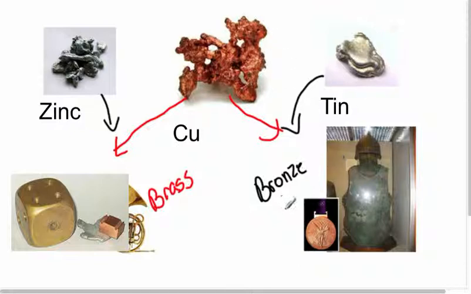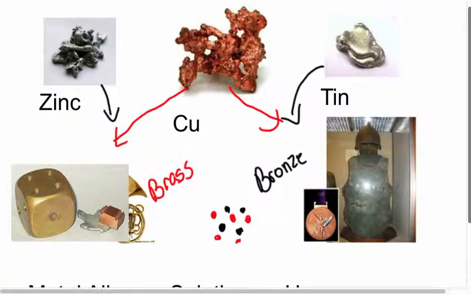Mix the two together, you have something called bronze, but it again is just a mixture, meaning the little atoms of copper, I'll draw some copper out here, are just mixed in with the tin atoms, or you can look at brass and say the copper's mixed in with the zinc atoms. And that's what's happening.